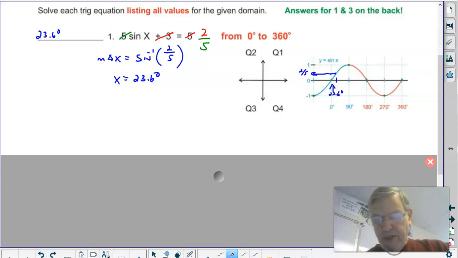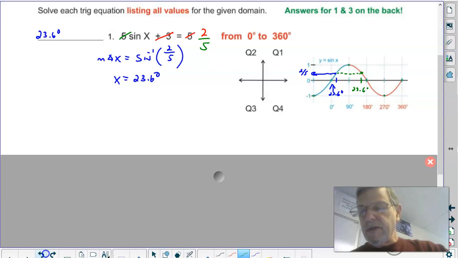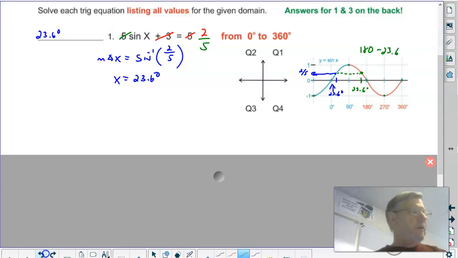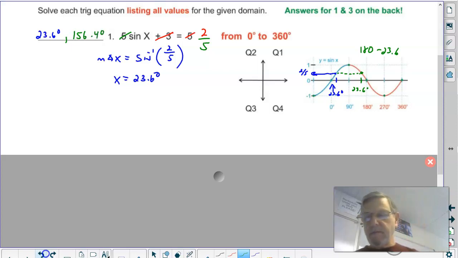Now, is it pretty clear that your other value is going to be right there? Now you have to figure out what the value is. Come down here and notice, between these two marks right here, is your 23.6 degrees. So our angle is going to be 180 minus 23.6, and that is a value of 156.4 degrees. Okay, so that's that methodology of getting there.